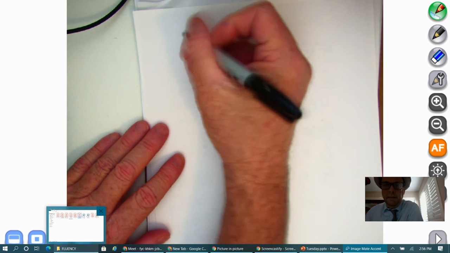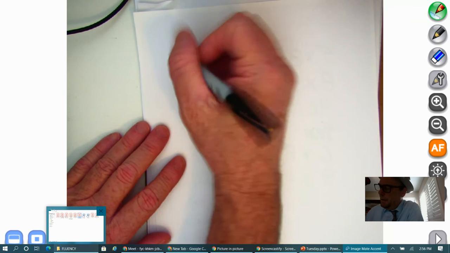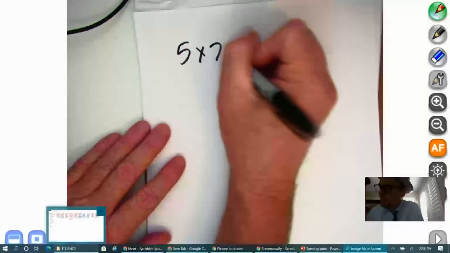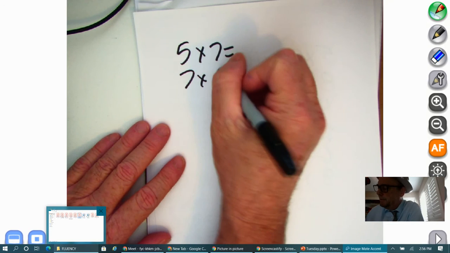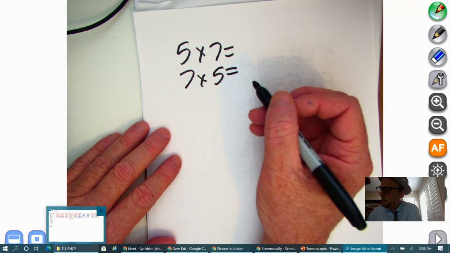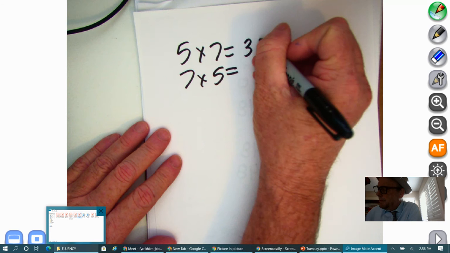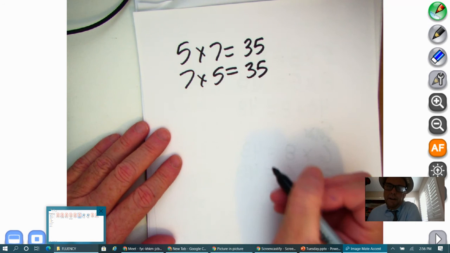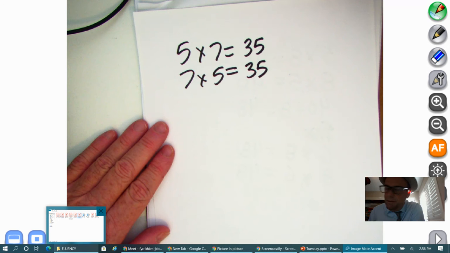Let's do 5 times 7, or 7 times 5. We always seem to deal with this problem. 5, 10, 15, 20, 25, 30, 35. That's 5 7 times, and 7 5 times, of course, is 35 as well, thanks to the commutative property.